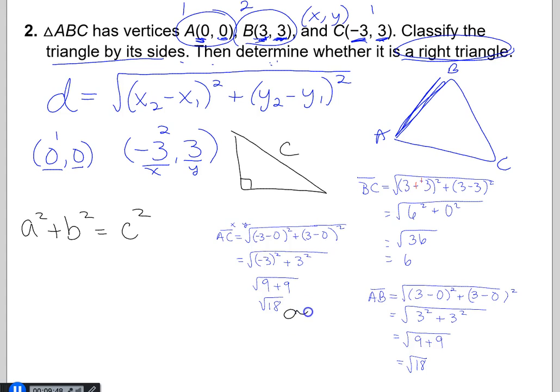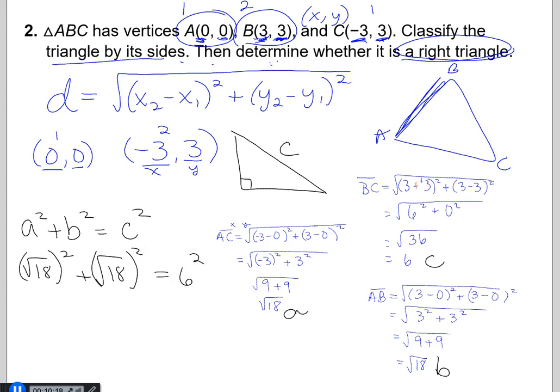So we're going to say this is our A, this is our B, and this is our C. A and B, it's not important which is which, but C has to be the longest side. So I'm going to take these numbers and substitute them into our formula. A is what? Square root of 18, and we need to square that, plus the square root of 18 squared.